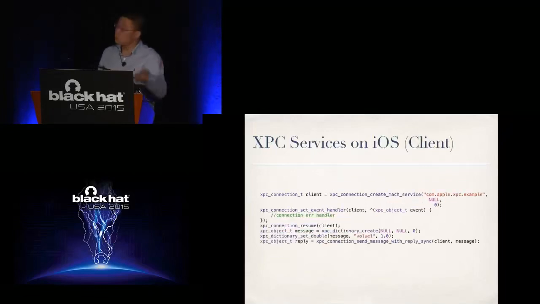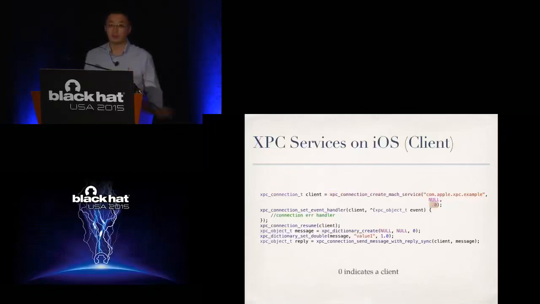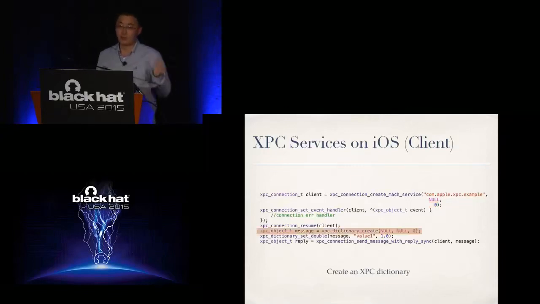And let's move to the client side. As I mentioned, the same API is used for the client side to connect to the service. The first parameter is the name of the service you want to connect to. And the only difference is the third one. So now you use 0, that indicates it's a client rather than a server. And now it's time to prepare the message and send it to the server.